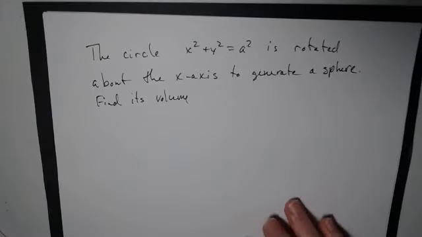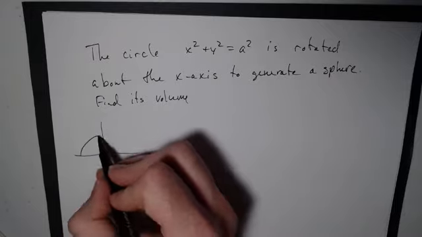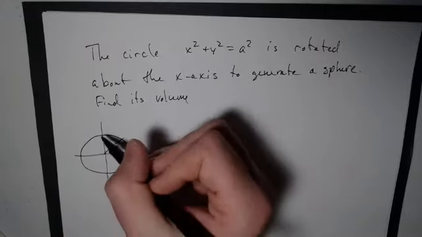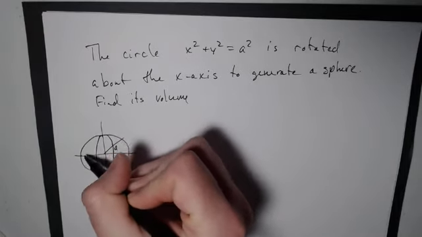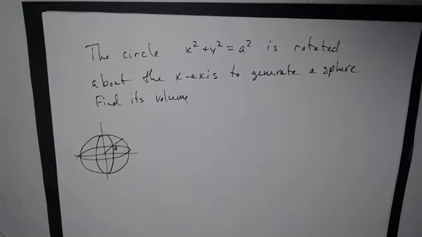So let's sketch it out real quick. If I start with a sketch in the xy plane and I draw my circle radius a, then what I'm doing here is rotating that around the x-axis so I get a sphere radius a.